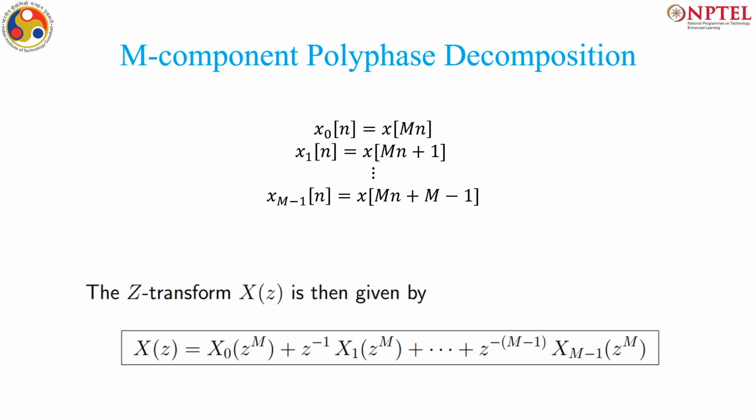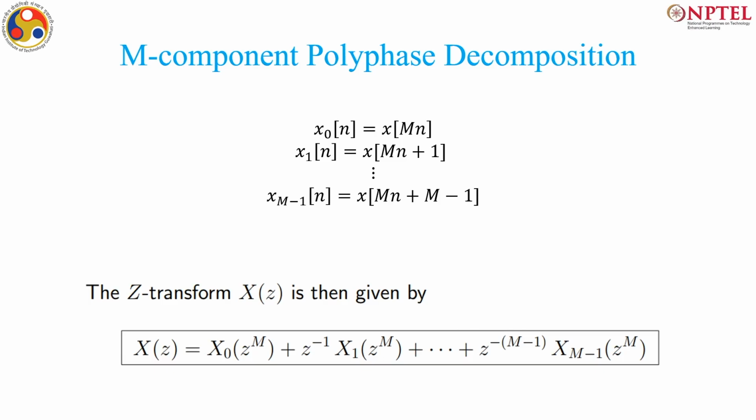So, we will extend this concept for a factor of 2 to a factor of M. And what happens here is, I see that I get M such components x0[n] to x_{M-1}[n].